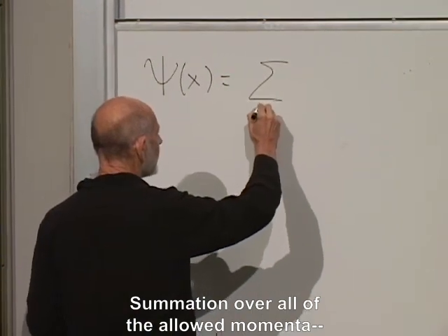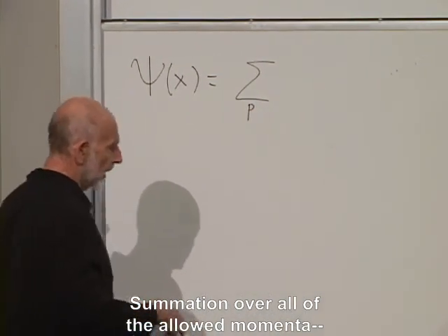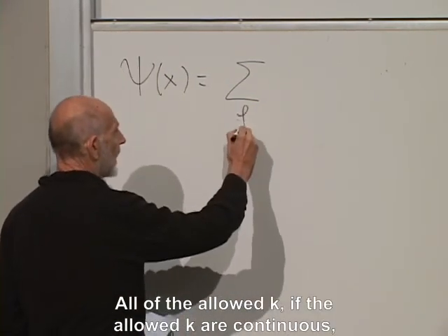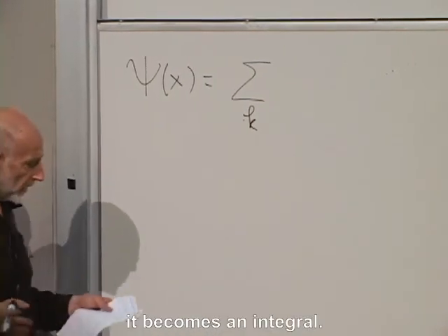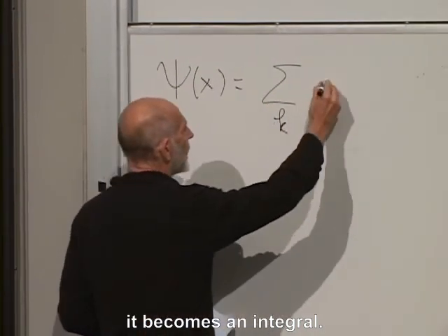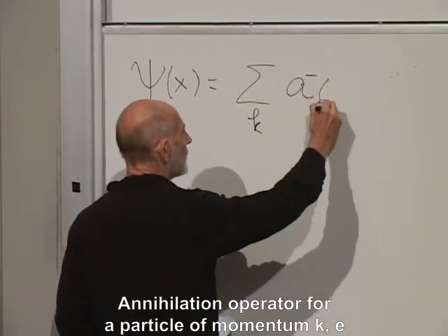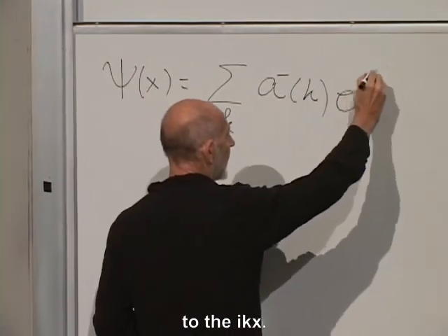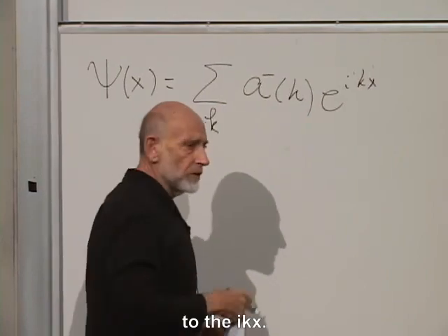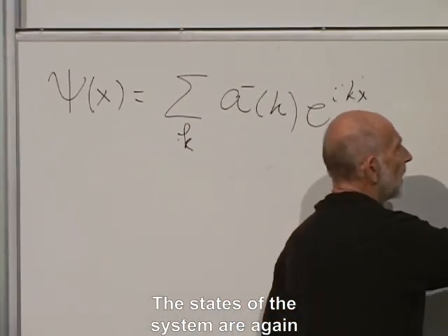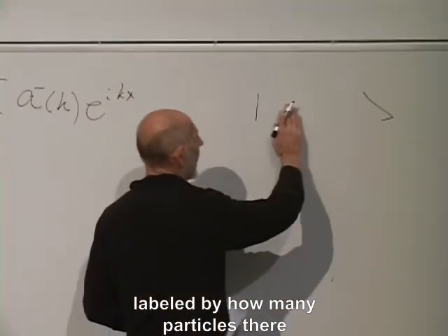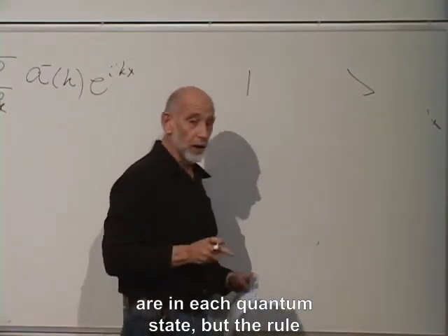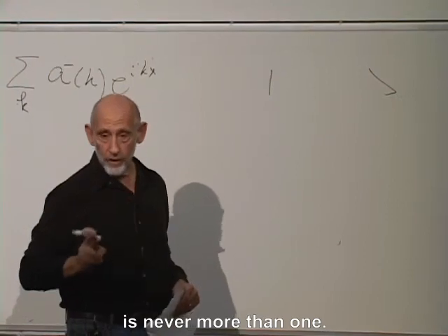Summation over all of the allowed momenta, I usually call it k, all of the allowed k. If the allowed k are continuous, it becomes an integral. Annihilation operator for a particle of momentum k, e to the i kx. The states of the system are again labeled by how many particles there are in each quantum state, but the rule is never more than one.